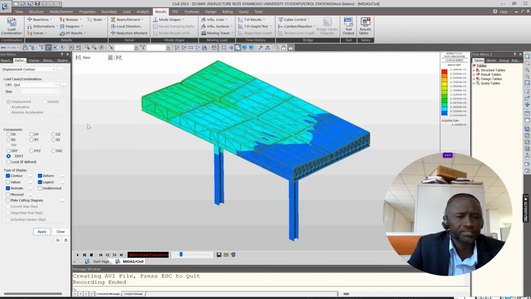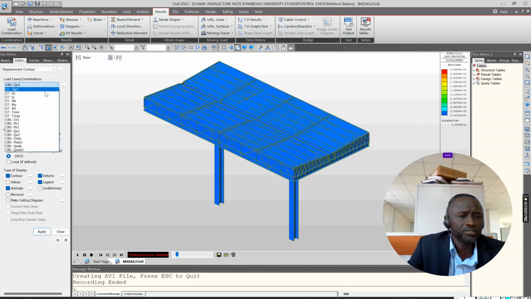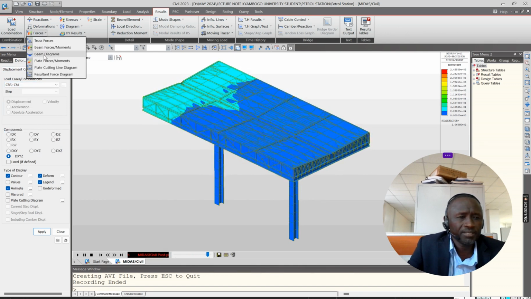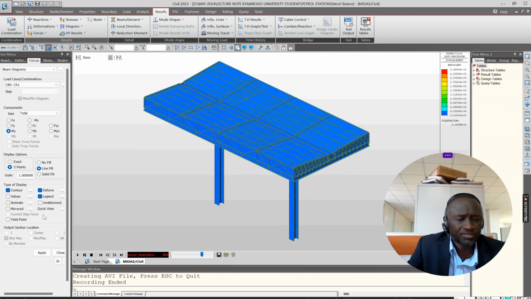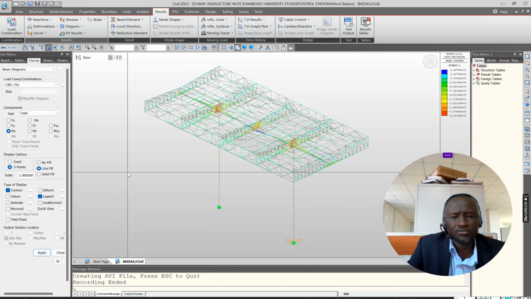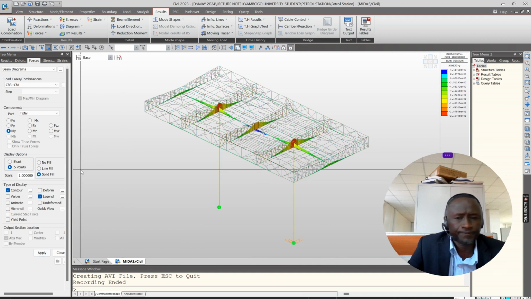Okay, what about the stresses? The stress distribution on your columns and piers, because our interest is to see the area of interest when you are supervising the project. Which area do you pay special attention to? So you can have a look at this.